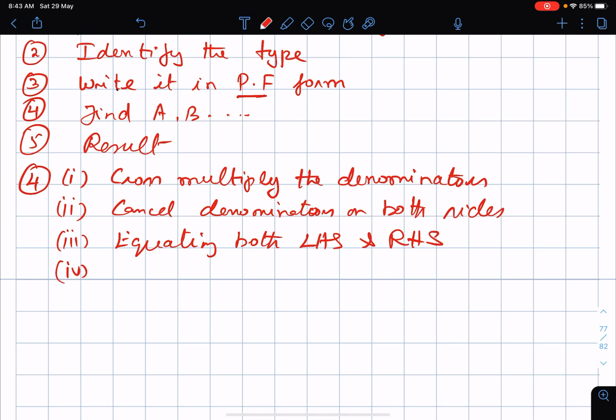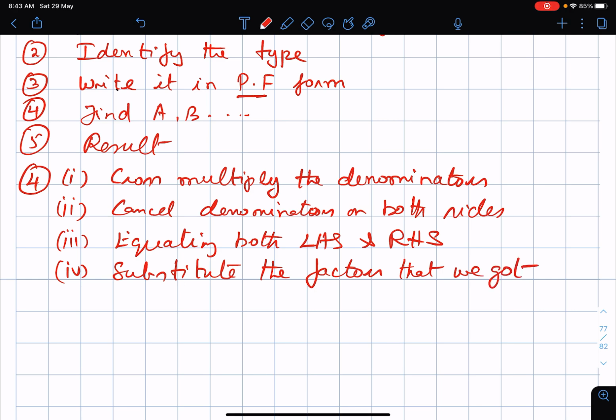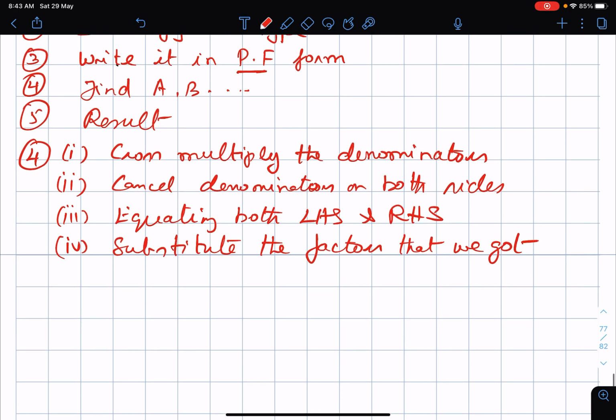Fourth step, substitute the factors. Substitute the factors that we got. And fifth step, when you substitute the factors, you will get the values for a and b.